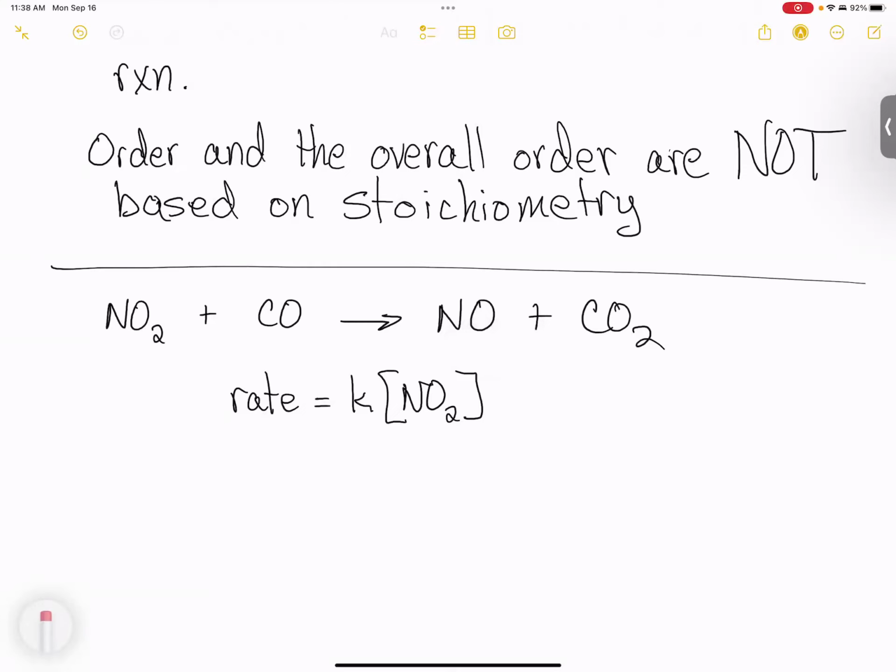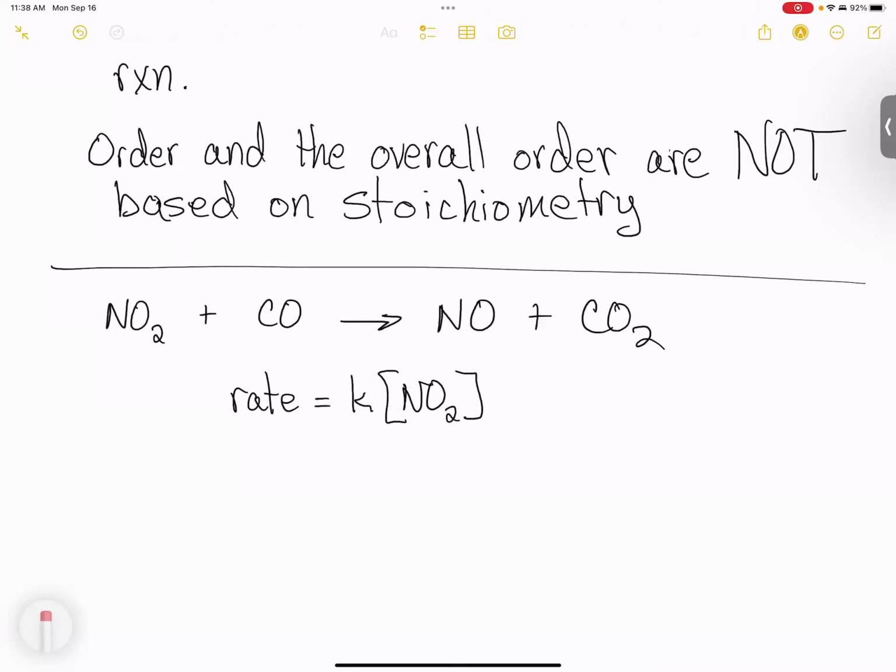What this means is, regarding this reaction, carbon monoxide has no impact on the speed of this reaction. The only thing that impacts the speed of this reaction is how fast NO2 dissociates. Since nitrogen dioxide was the only thing in this rate law, everything is dependent upon the nitrogen dioxide.